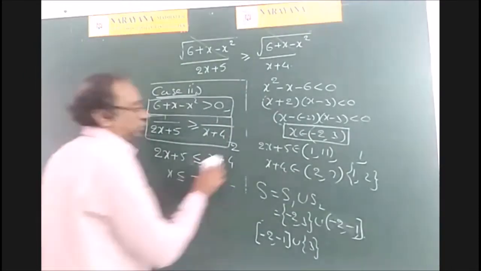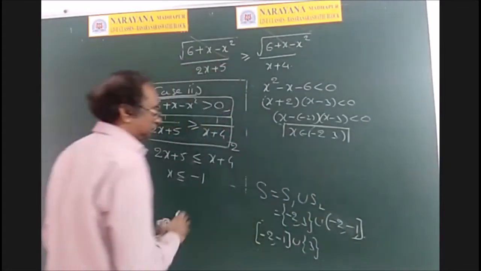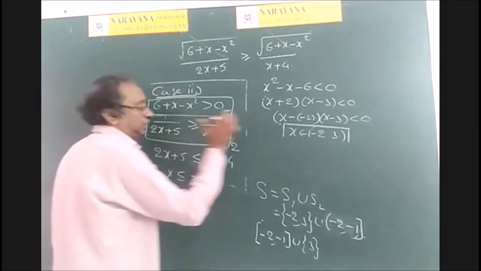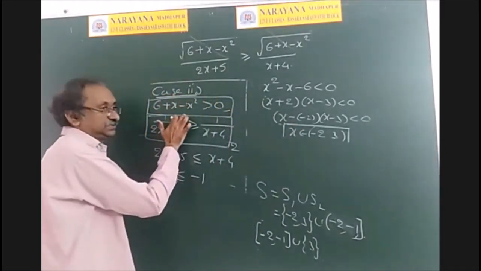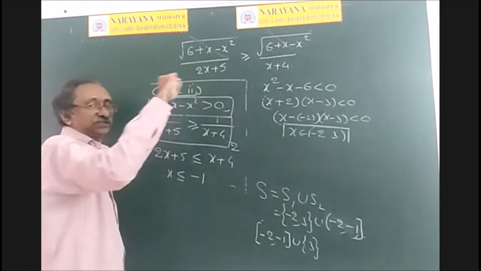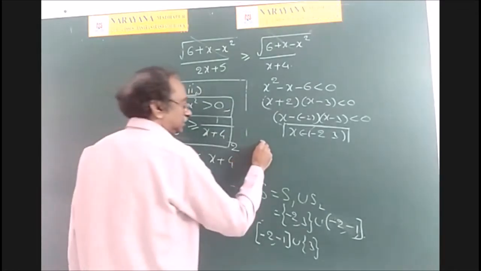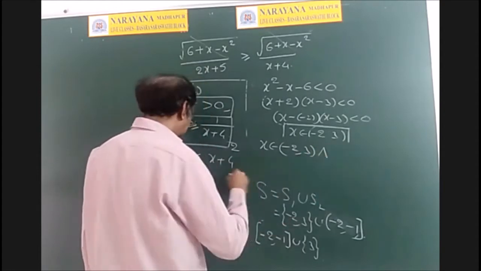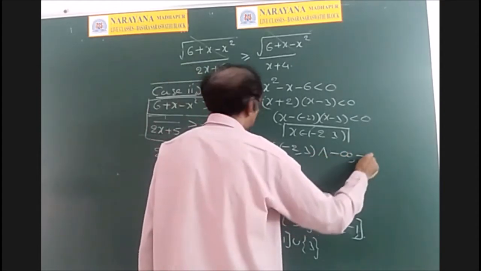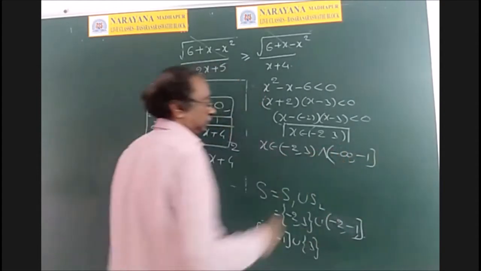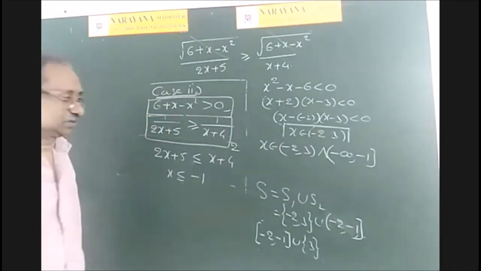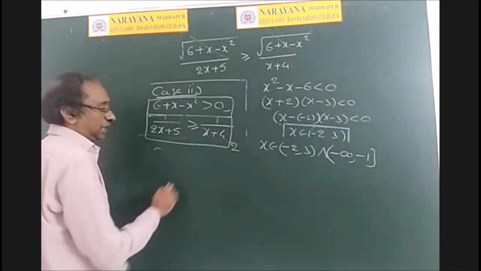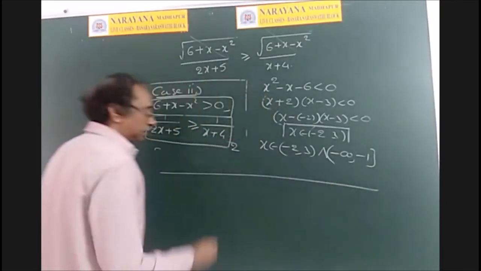Now we have to see the common solutions of these two, because these solutions satisfy this inequality, these solutions satisfy this inequality, but we need both at a time. That means x belongs to minus 2 comma 3 intersection minus infinity comma minus 1. That is called intersection. Common values we have to take. That means we have to draw the diagram and take the common part.